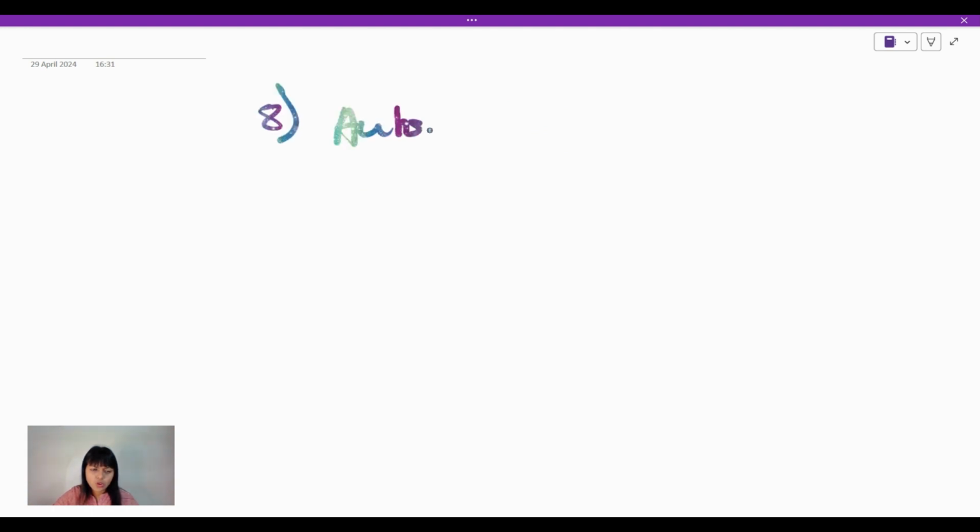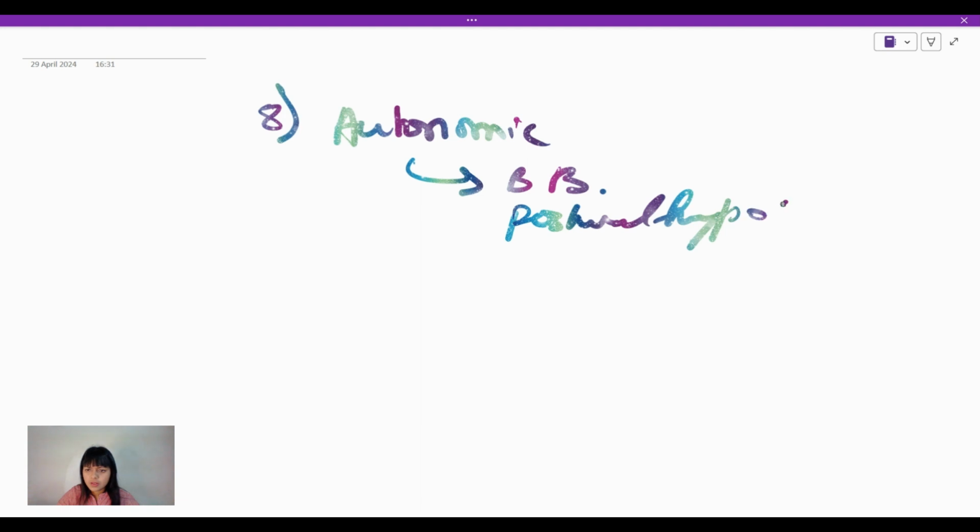Next point is your autonomic function. Here also you will be checking for bladder and bowel functions, and then you'll be checking for any postural hypotension. Next, if there is any excessive sweating, you should mention.